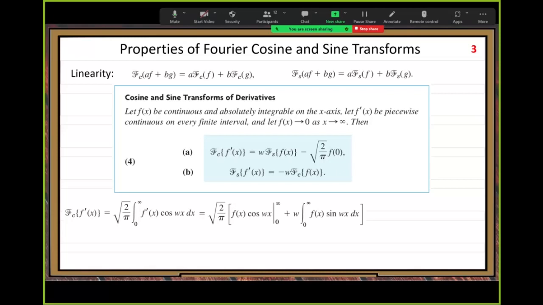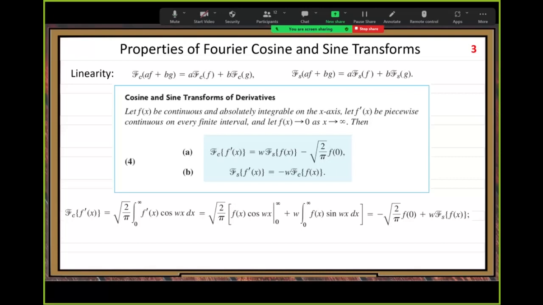With that condition this term is gone, well, not completely gone. The first part is gone, the value at 0 is left: it's minus root of the constant, f of 0, and here the Fourier sine transform.